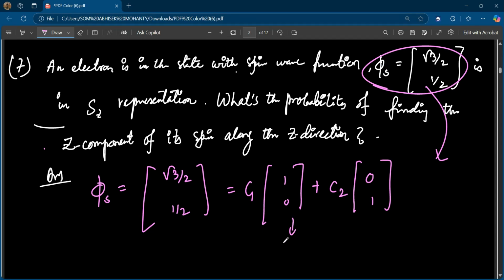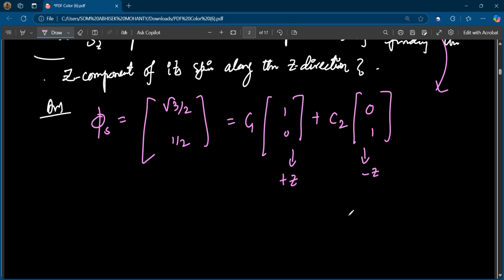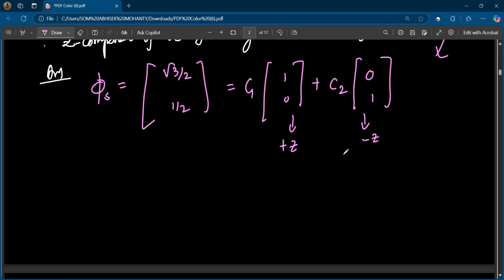This is along the plus z direction, this is along the minus z direction, right? So C1 is root 3 by 2 and C2 is 1 by 2, correct?